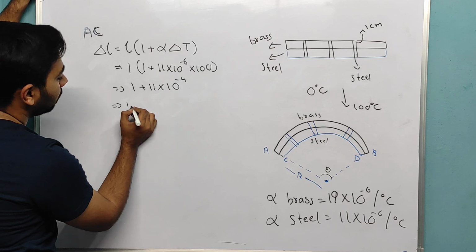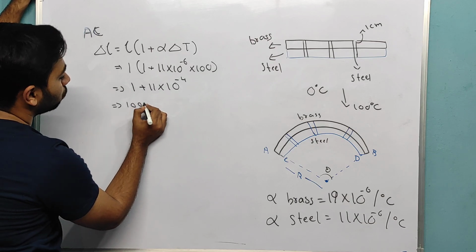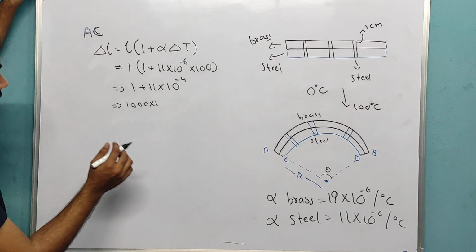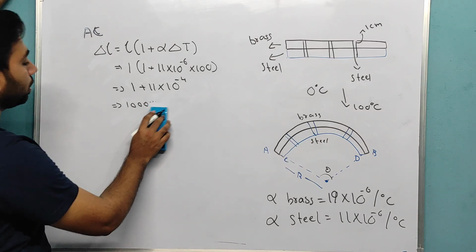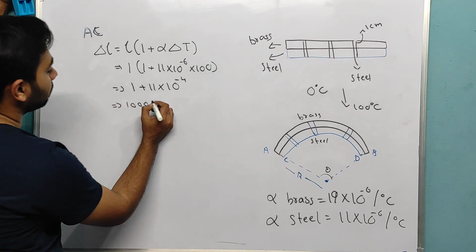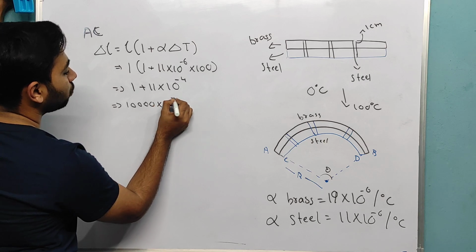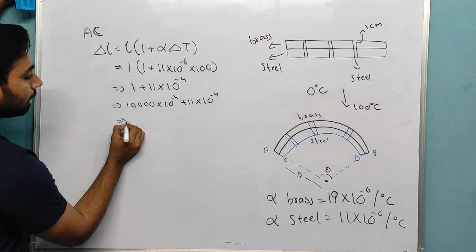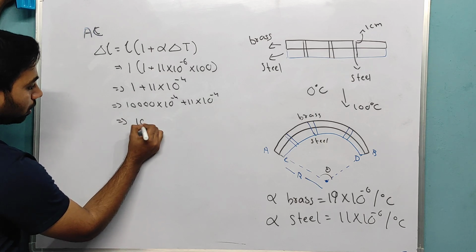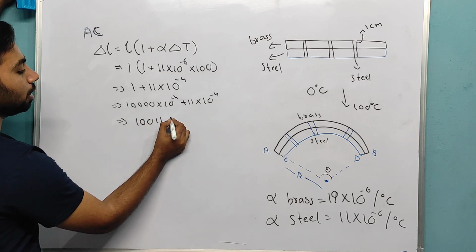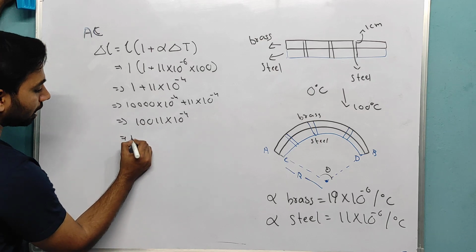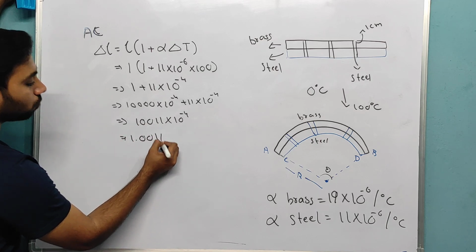I can write it as 0.0000 into 10 to the power of minus 4 plus 11 into 10 to the power of minus 4. Now I will get 0.0011, so if I cancel the minus 4, I get 1.0011.